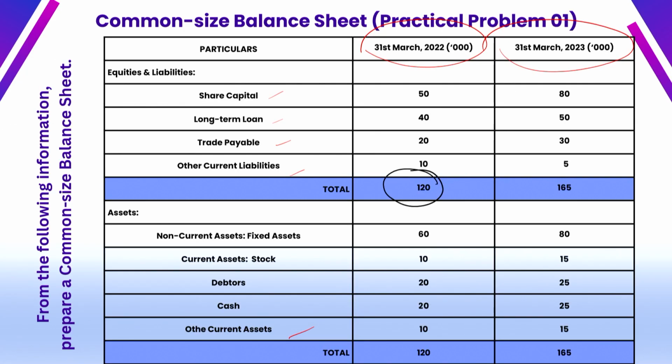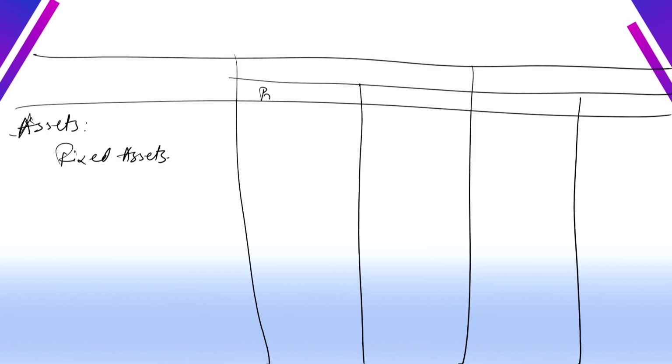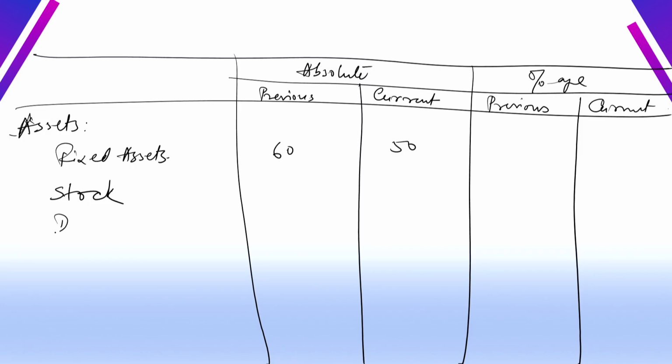Assets, to start with, we have fixed assets, current assets, then you have current assets of stock, debtors, cash, as well as other current assets.